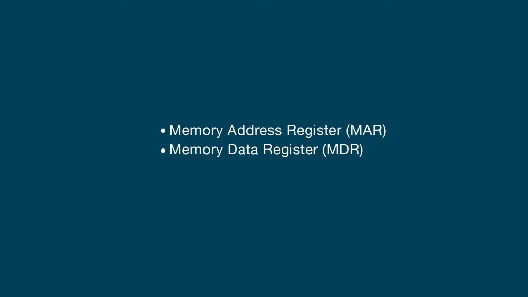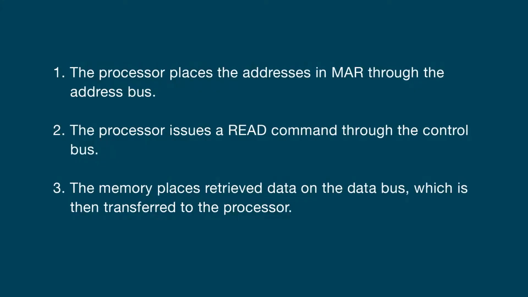Communication between memory and processing unit consists of two registers, memory address register MAR and memory data register MDR. The sequence of events that takes place when information is transferred from memory to the processor are: the processor places the addresses in MAR through the address bus.